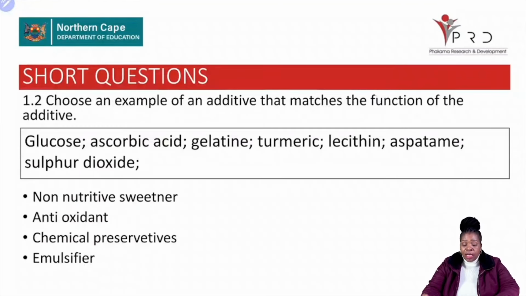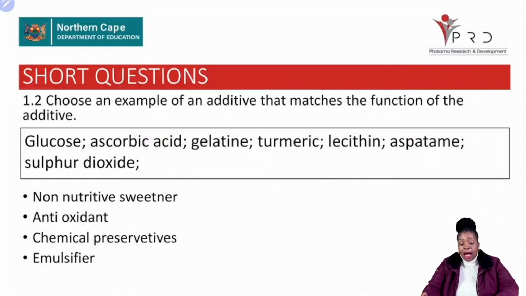It says, choose an example of an additive that matches the function of the additive. I will read out the additives to you. We have glucose, ascorbic acid, gelatin, turmeric, lecithin, aspartame, sulfur dioxide.